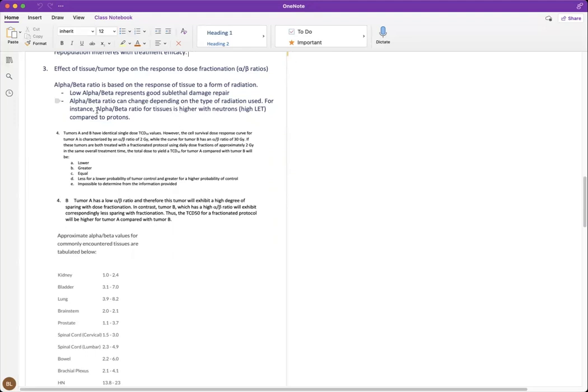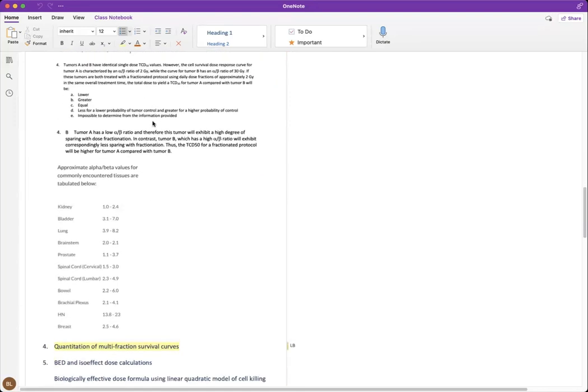For instance, alpha beta ratios for tissues are higher with neutrons, high LET, compared to protons. This is interesting. I don't think we actually talk about it very much, probably since we almost always use photons. I don't think there are any saying like, what's the alpha beta ratio of the rectum with carbon ions?